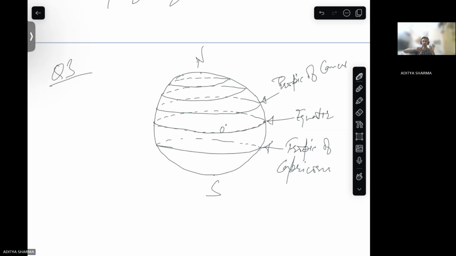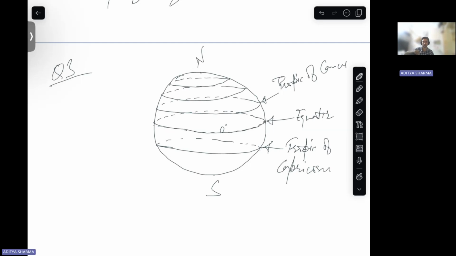The sun seems to us to oscillate between the Tropic of Cancer and Capricorn, and this basically causes your seasons.